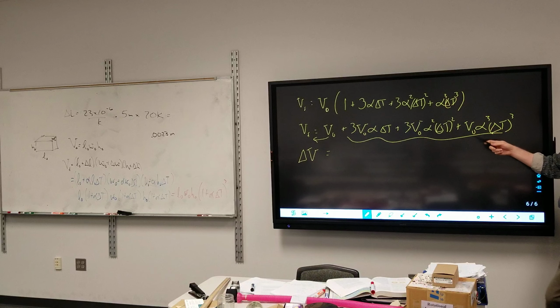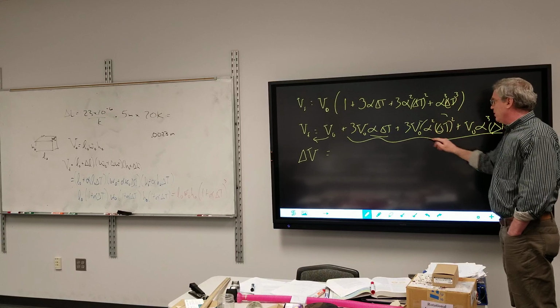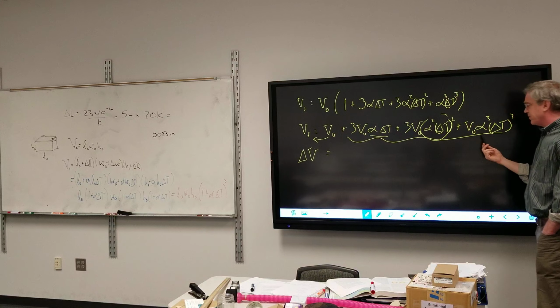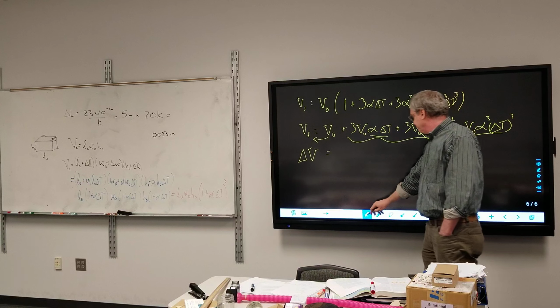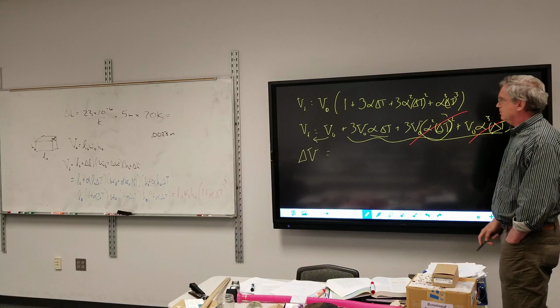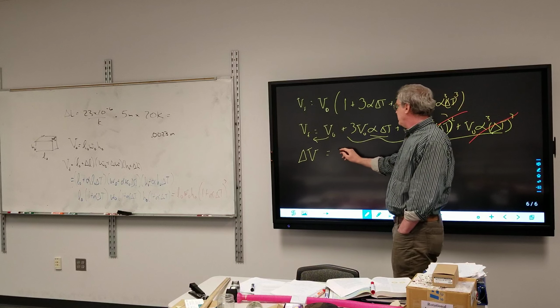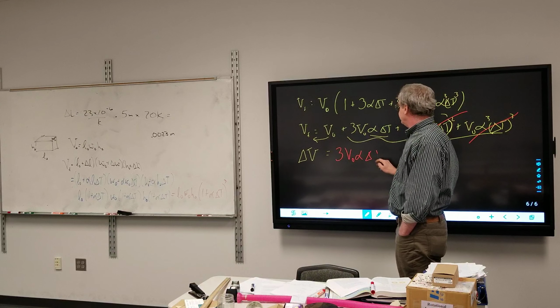In fact, alpha is small in and of itself. But if I square it, it's even smaller, and if I cube it, it's even smaller. So these terms really are insignificant, and what I'm left with is 3 V sub naught alpha delta t.